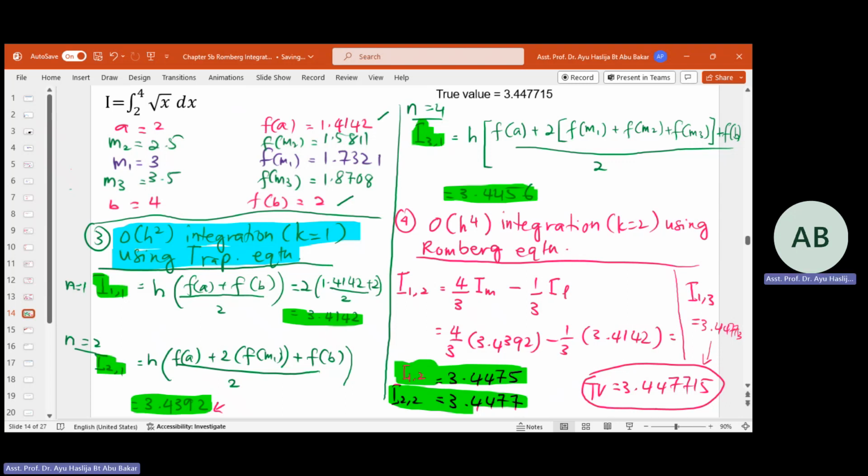Okay, closer to the true value. Double make sure you use the correct equation. The equation involved is the 16 over something. Questions will be given, but you just need to know which belongs to which.